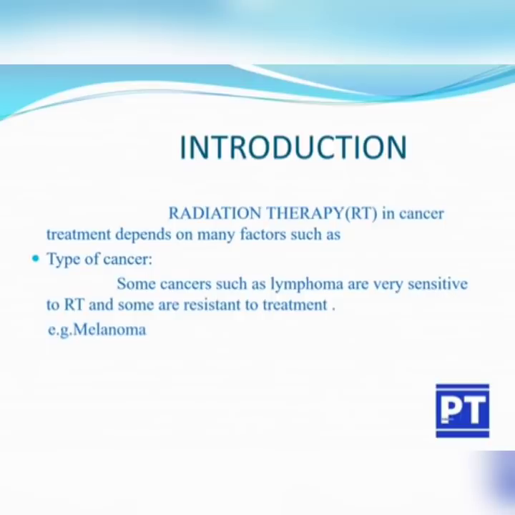Some cancers are very sensitive to RT, so they can be easily destroyed by radiation. An example is lymphoma. Some cancers are resistant to treatment, and one example for that is melanoma. So depending upon the cancer, we will determine whether it is sensitive to radiation or not.